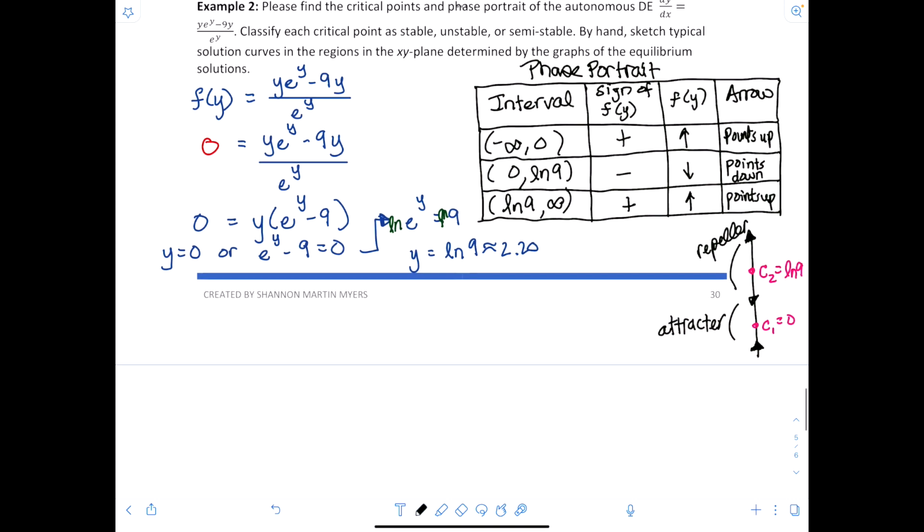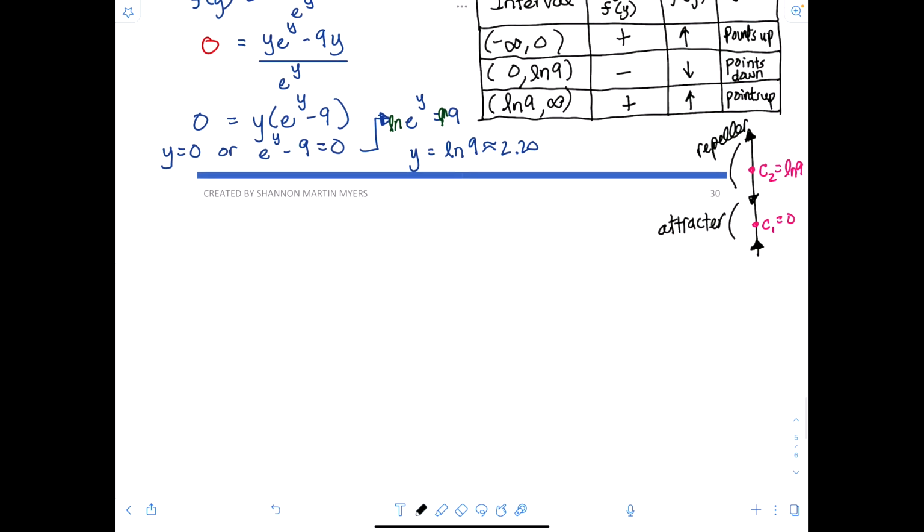So let's take a look at making the little graph. So we know we have these solutions. As we are looking at our different solutions, if this is 1 and 2, and then of course 0 would be down here.